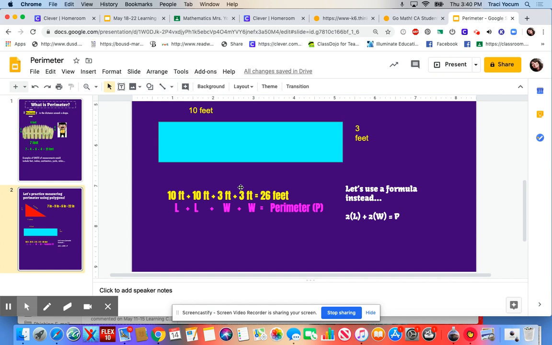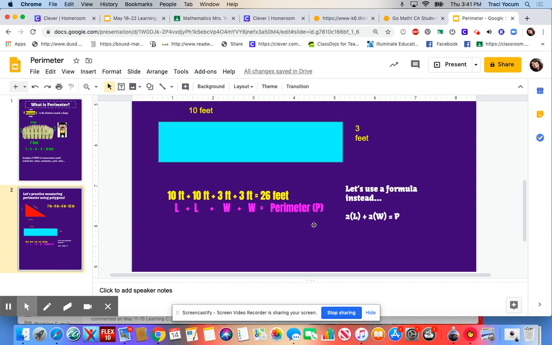So now let's get fancy. When I say fancy, we're going to use a formula. And formulas are nice because we just have to start plugging in numbers. Now you notice I did add some letters here. I put an L, L, W, W. Well, what would that stand for? If I'm measuring the perimeter around an object, I am going to be measuring the length plus length plus width plus width.